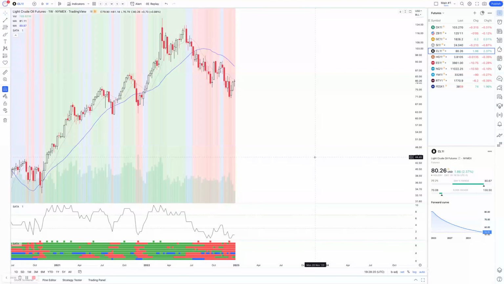So I did talk in recent videos about coal as well, about the fact that with oil in stage 4, there's obviously a big risk with those oil stocks after such big stage 2 moves that they could be rolling over in stage 3, and those stage 2 continuation attempts could turn into upthrusts after distribution.